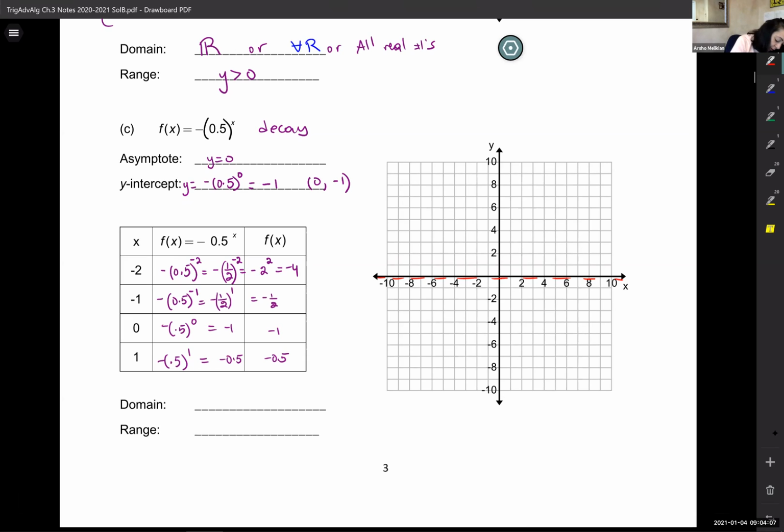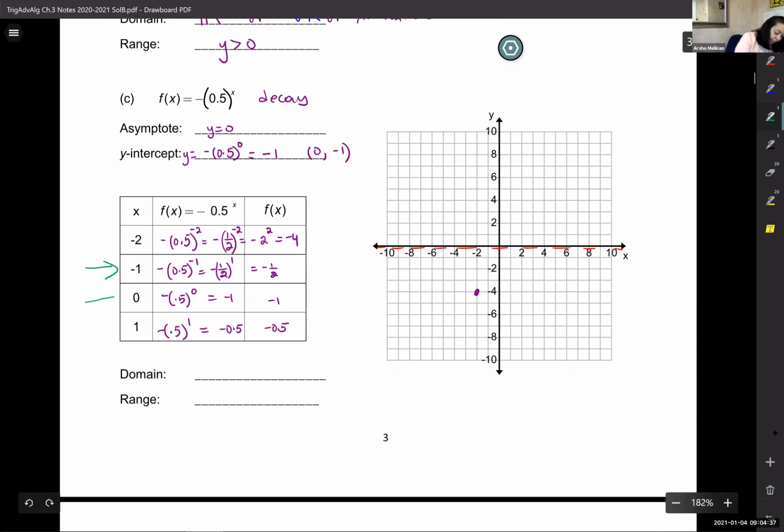At x equals -1, we're at -1/2. 0, we're at -1. Oh, I'm sorry. I made an error here. Sorry, I was trying to answer the chat and where's my mistake here?